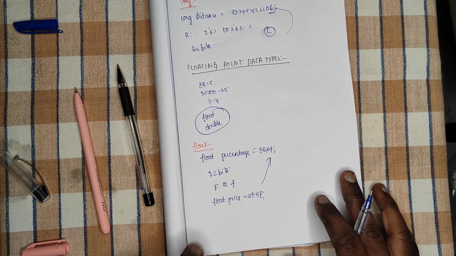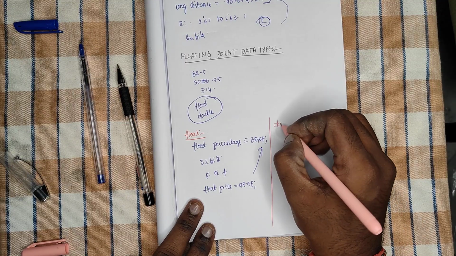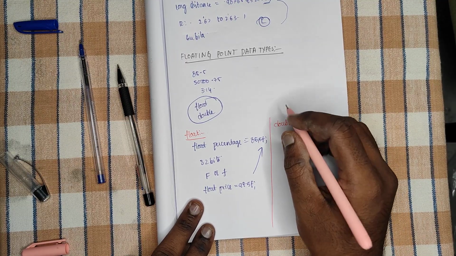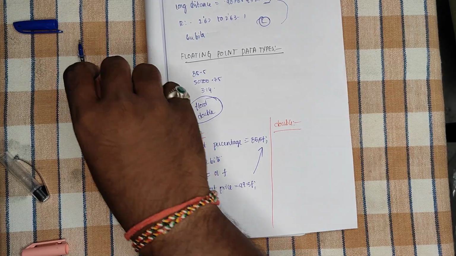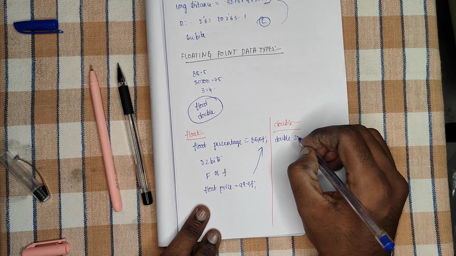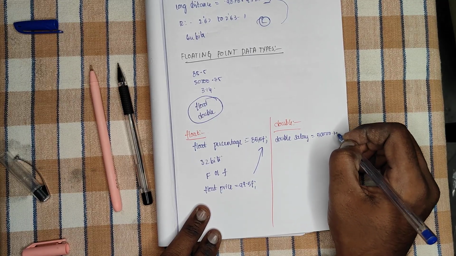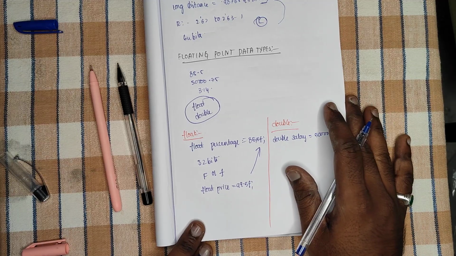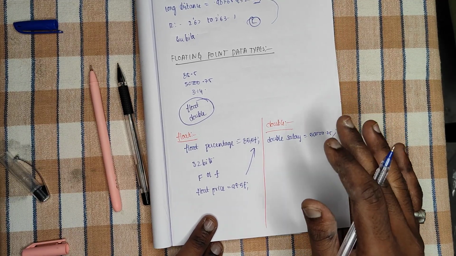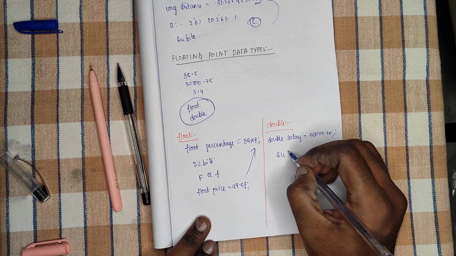Now double: double salary is equal to 50,000.75. Double stores decimal values with double precision. It generally provides more precision than float. Memory 64 bits.